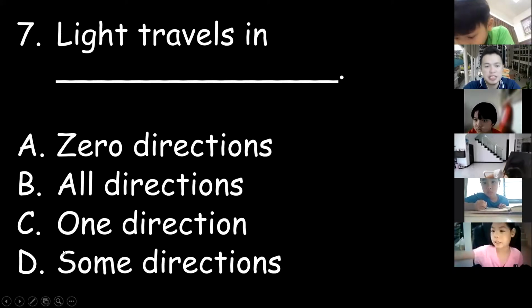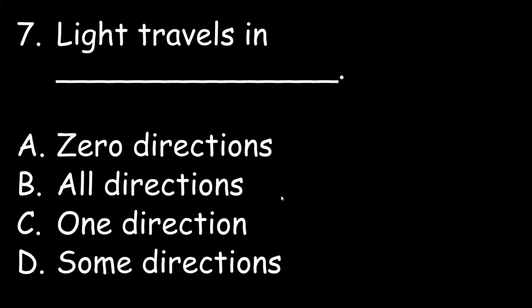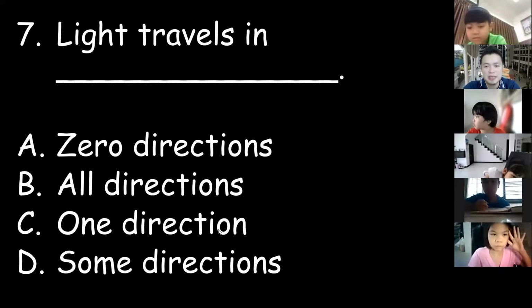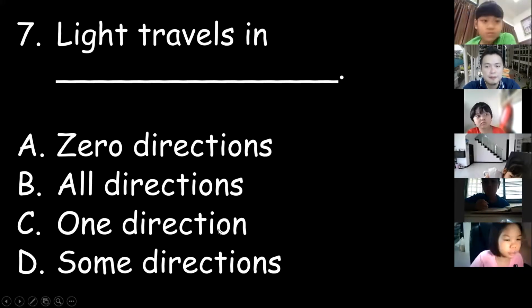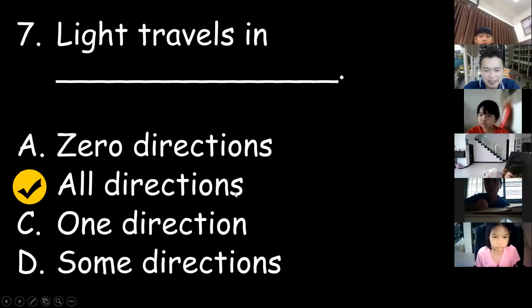Light travels in blank directions. Who can answer? Letter D is wrong. You can change your answer if you want. Yes, Look, Chubb again. Letter B, all directions. And the answer is correct.